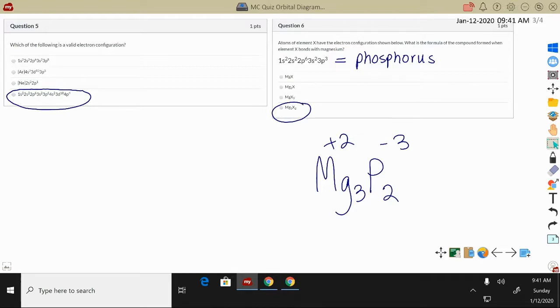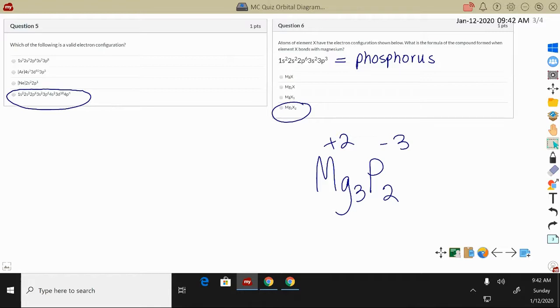In the third choice, if you're doing a noble gas shortcut, just make sure that you have the previous noble gas. So if I'm starting with 2s2 in brackets, that should have been helium, not neon. So the last choice is right.